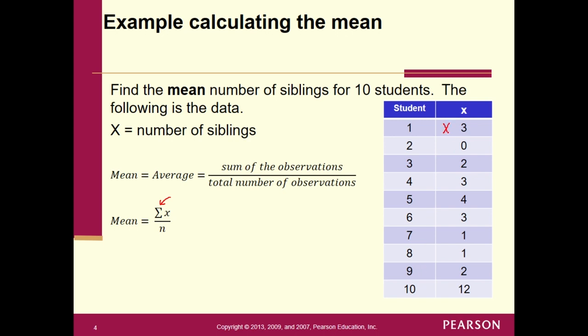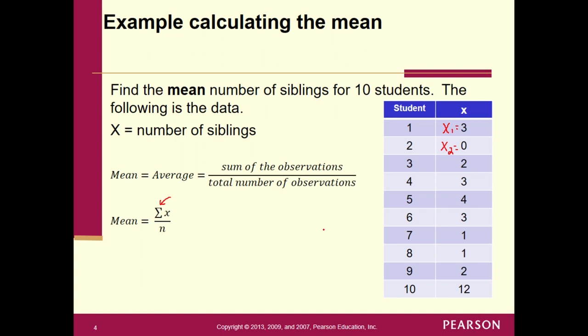So what we've got to think of is that 3 is actually x1, and the 0 is x2, and so on and so forth: x3, x4, down through x10. Right? And so anytime you see a summation sign in statistics, that's telling us that there are multiple x's out there that we have to do something with.